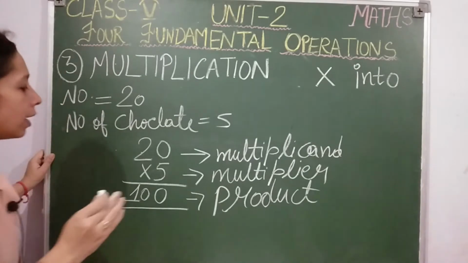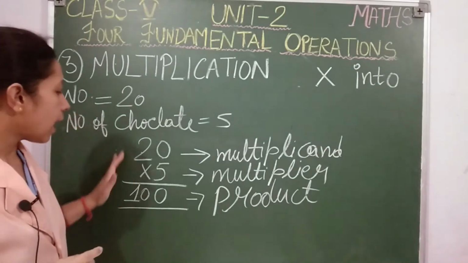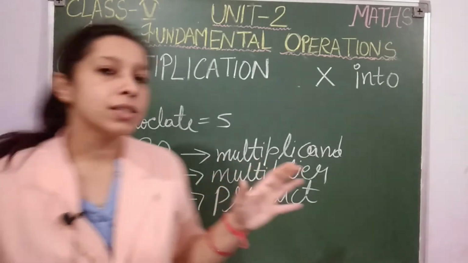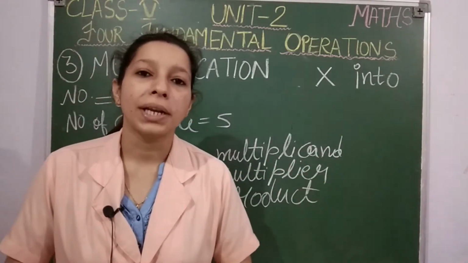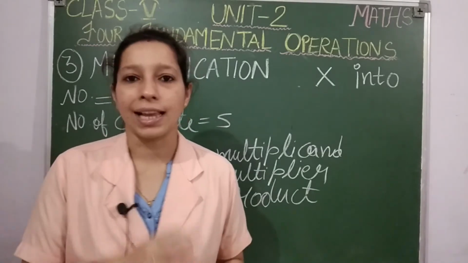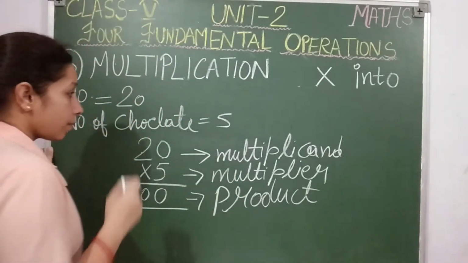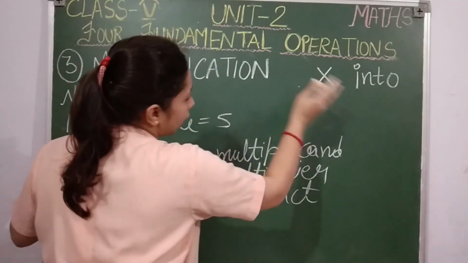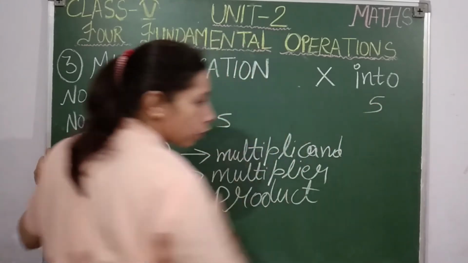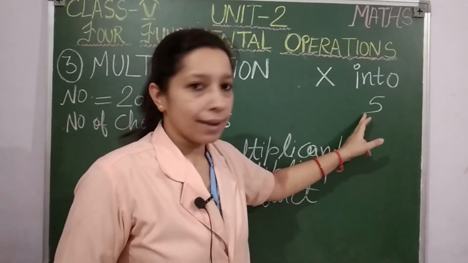See, students, now it is clear that there are 100 chocolates in 20 packets. This multiplication is also known as repeated addition, addition which we continuously repeat. Again, I will explain with one example. I have 20 chocolate packets, and in each packet there were 5 chocolates. So in one packet, 5 chocolates.